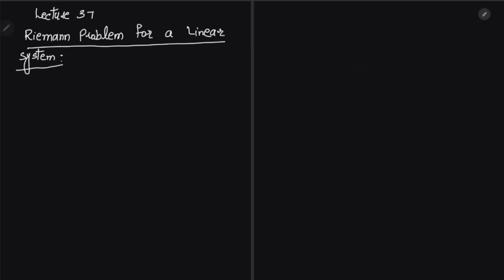Now in this video we will discuss the same thing, the Riemann problem, but for a system of equations. The notation changes. Suppose we have a system of equations written in conservative form.